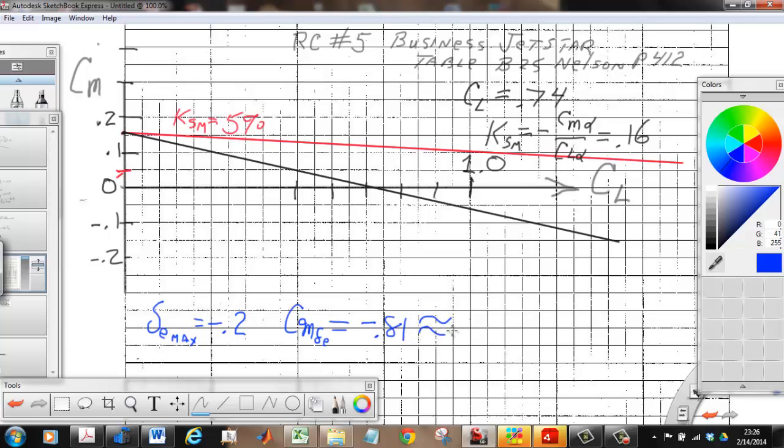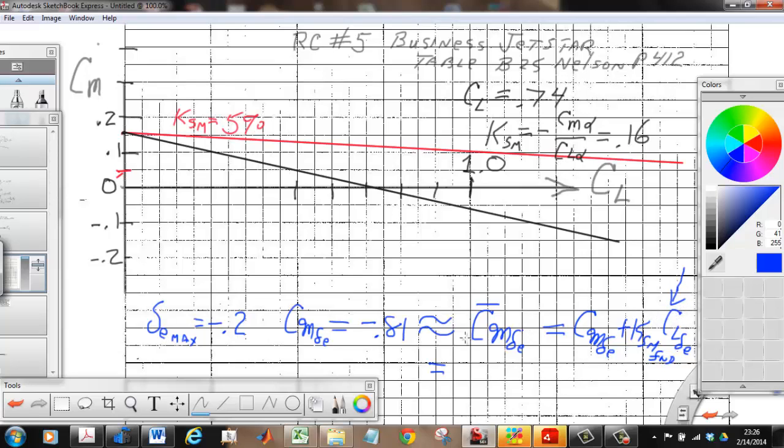And since I don't know anything about the landing static margin, I will assume this is equal to Cm delta E bar as a first cut. In actuality, Cm delta E bar equals the Cm delta E derivative plus KSM, which would be forward this time, times CL delta E. We have CL delta E, but I don't know what the static margin forward is yet.